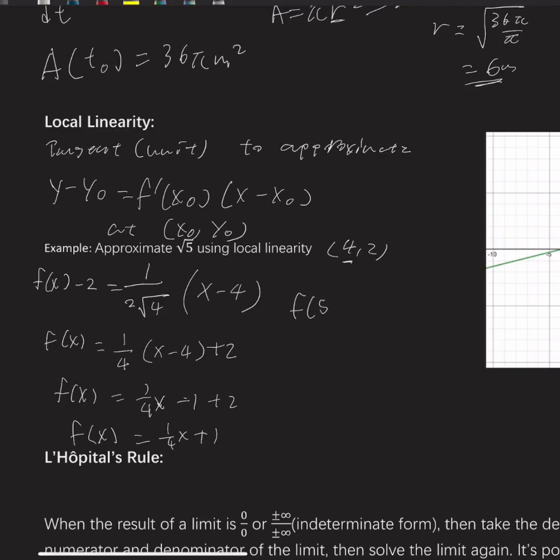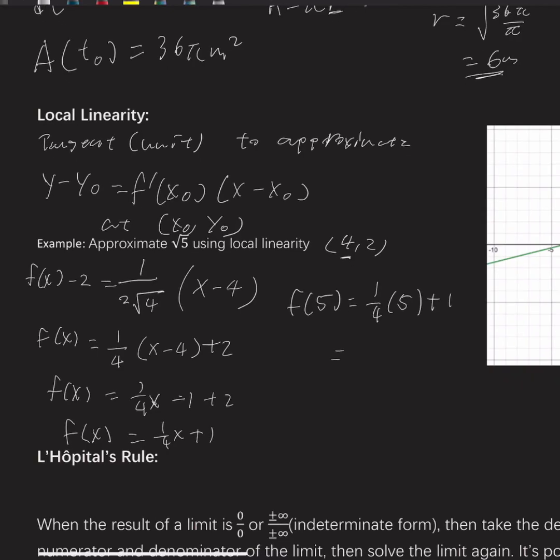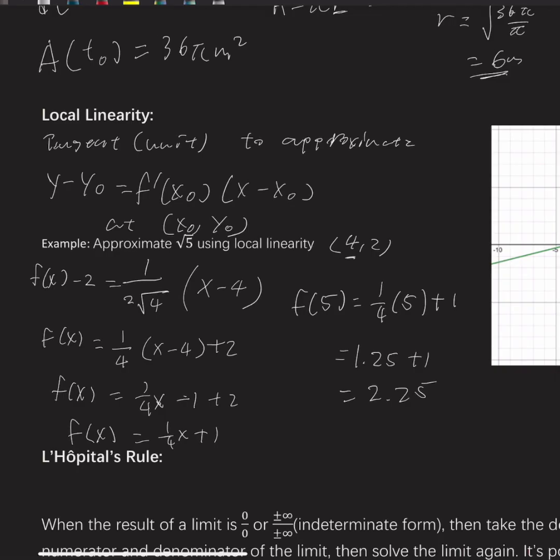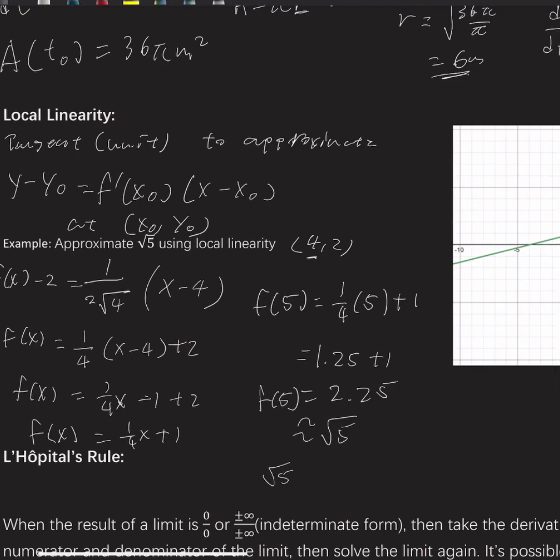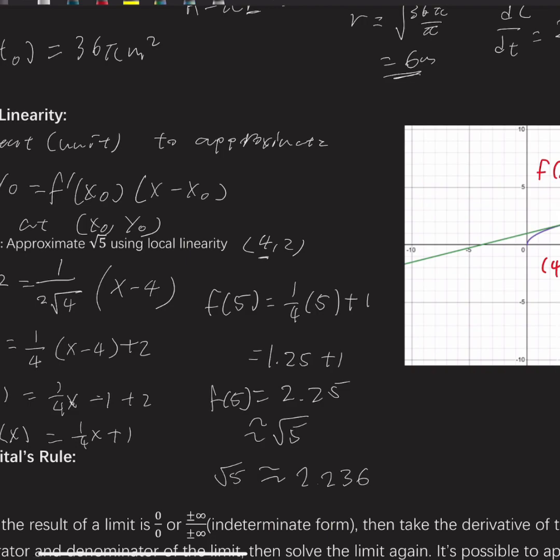So f of 5 is equal to 1/4 multiplied by 5 plus 1, which is 1.25 plus 1, equal to 2.25. So that's f of 5, which is approximately equal to the square root of 5. If you use a calculator, the square root of 5 is approximately 2.236. It's a really good approximation if you don't have a calculator with you.